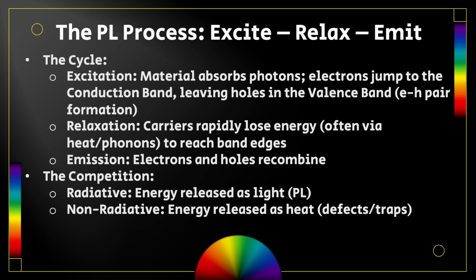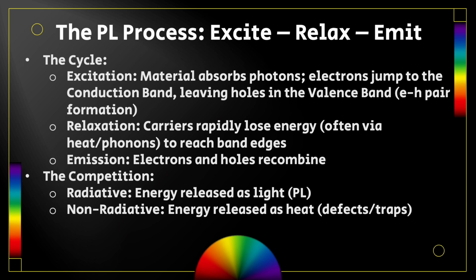This creates electron-hole pairs. Second, relaxation. These carriers don't stay excited forever. They rapidly lose energy, often through heat or interaction with phonons, and settle to the edges of their respective bands.